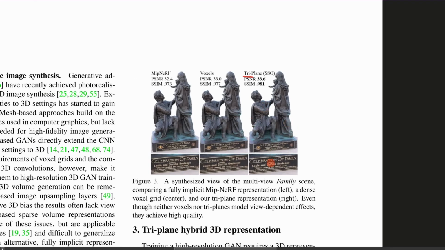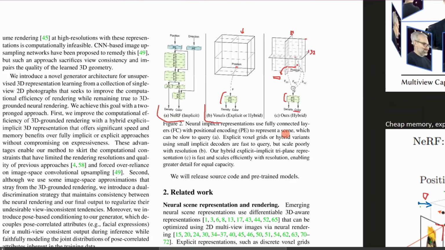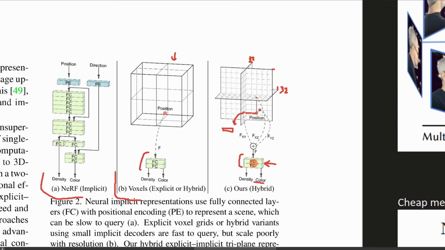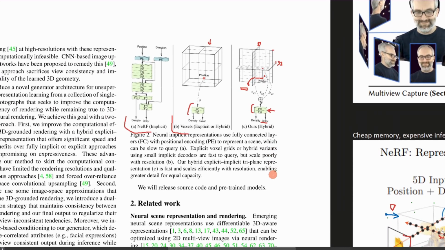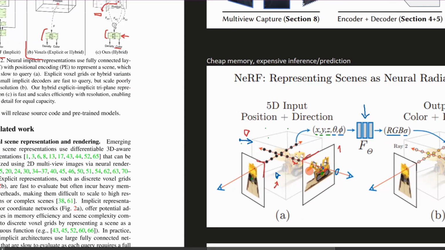So what has happened here is that in this particular example, the trainable weights of this model are the weights contained in the planes, as well as the weights of these FC layers. And the way they trained the 3-plane model is the same way I just explained for NeRF.